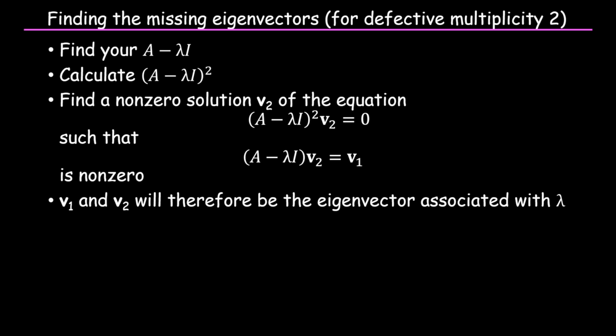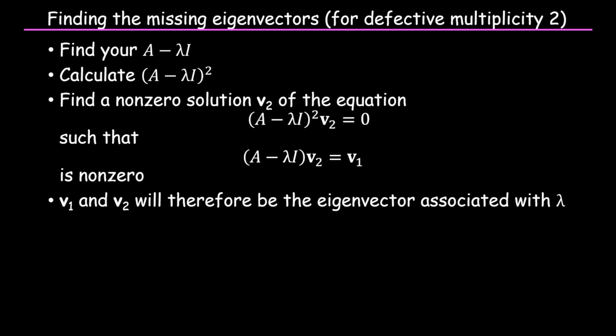But if you square that matrix, you can find a vector such that the matrix squared multiplied by that column vector is equal to 0. Then you use that same column vector with the original matrix, and you get another vector. Those two will be your eigenvectors associated with lambda.